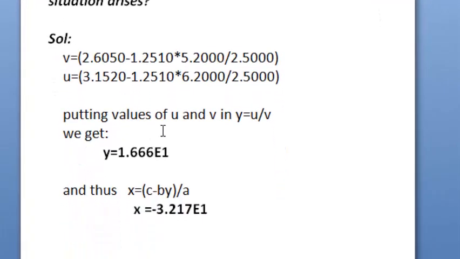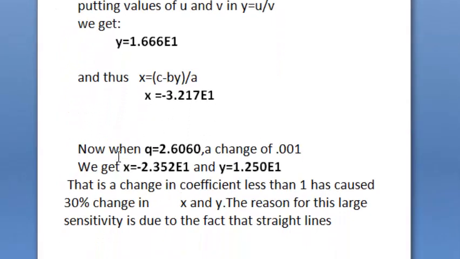Now putting the values of u and v in y equals u divided by v, we get the value of y is equal to 1.666 e1, and here e is the exponential in powers of 10, and thus x is equal to (c minus by) whole divided by a, and from this we get the value of x which is equal to minus 3.217 e1.